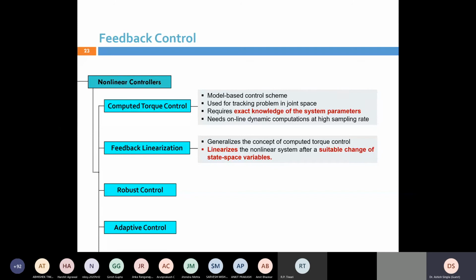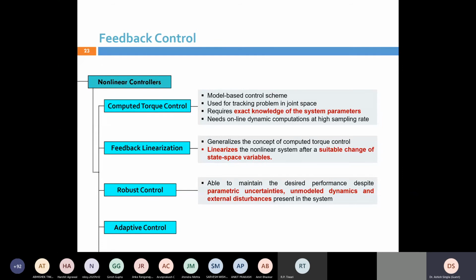We have feedback linearization, which linearizes the nonlinear system with a suitable change of state space variables. Then we have robust control, where the system parameters are not sure and we have parametric uncertainties; we have to deal with robust control.